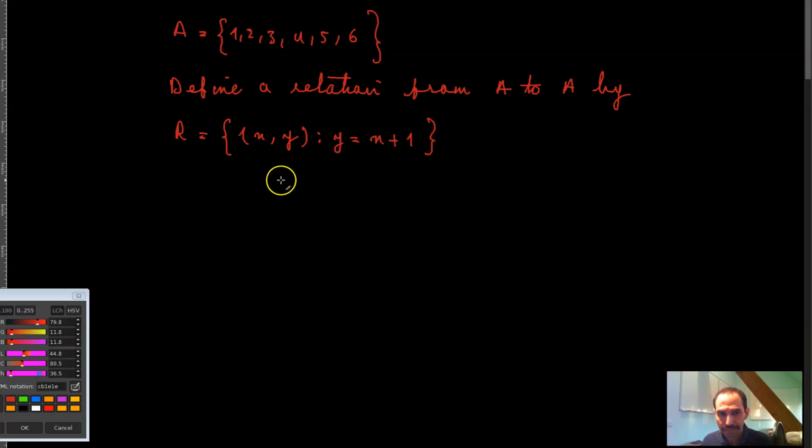And number 1, you want to depict this relation using an arrow diagram.